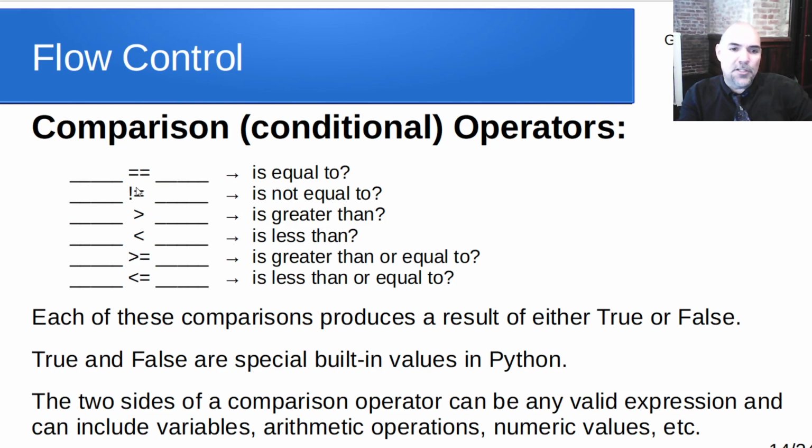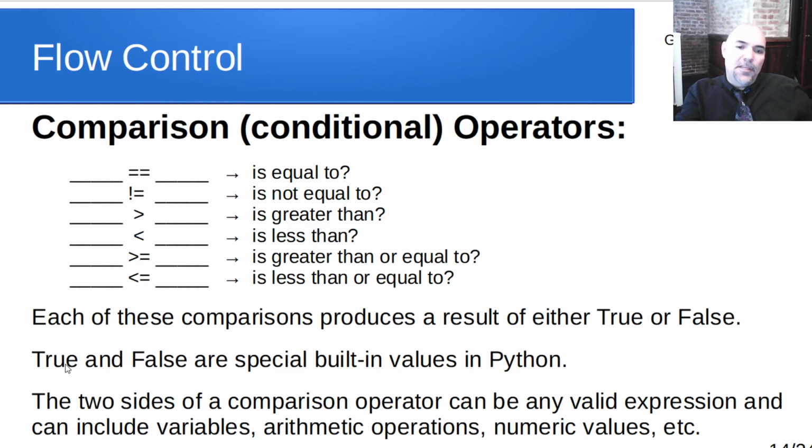It could be an expression here. But what each of these does is produce a value that's either true or false. And notice we have this set of comparisons that you're used to doing with mathematical things. If this is equal to that, then take this action. If this is not equal to that, take this action, and so forth.